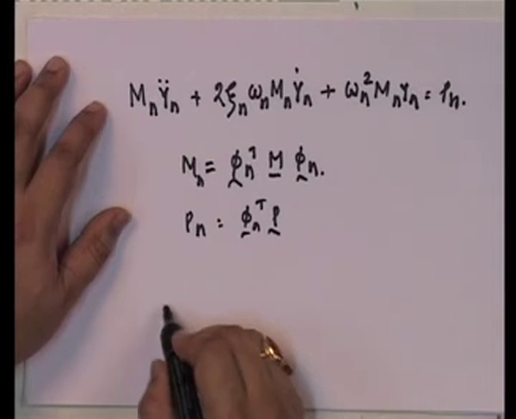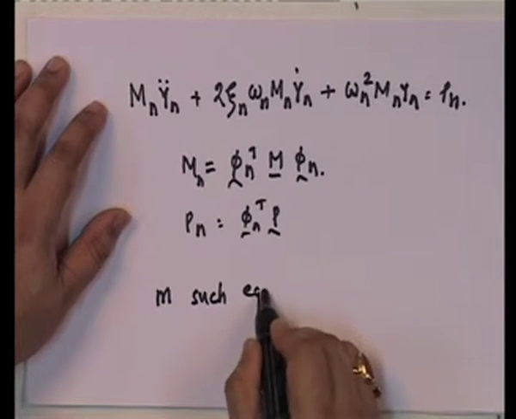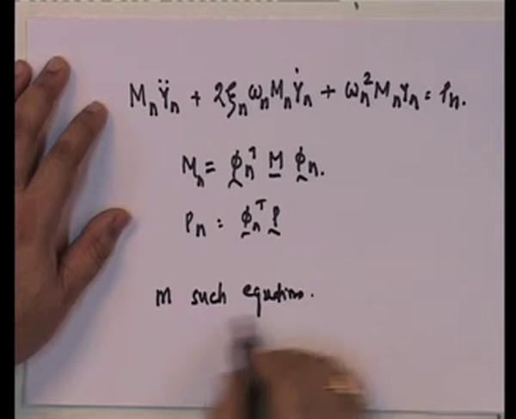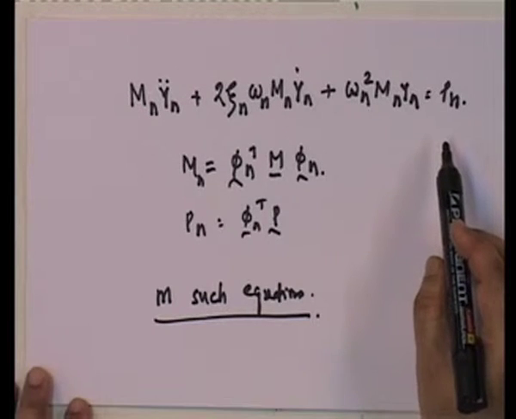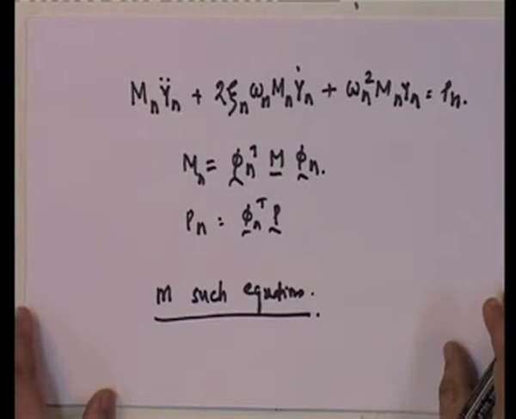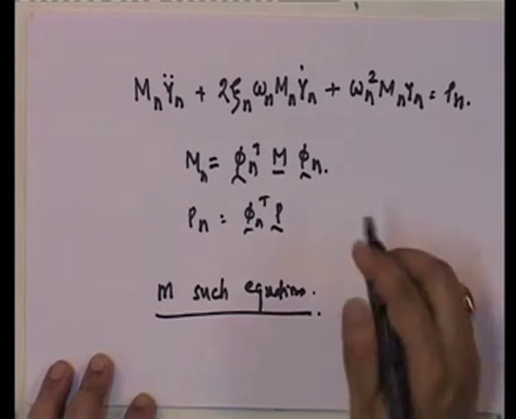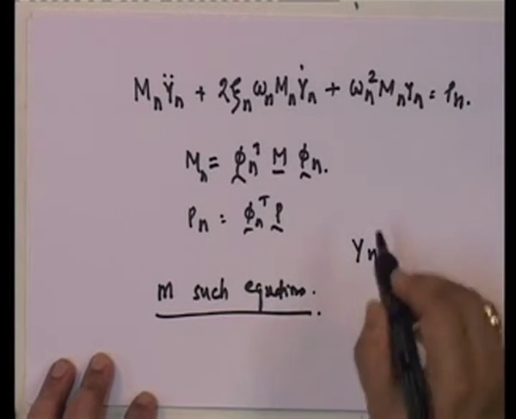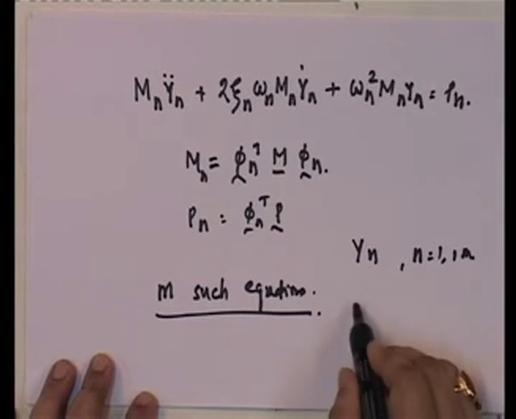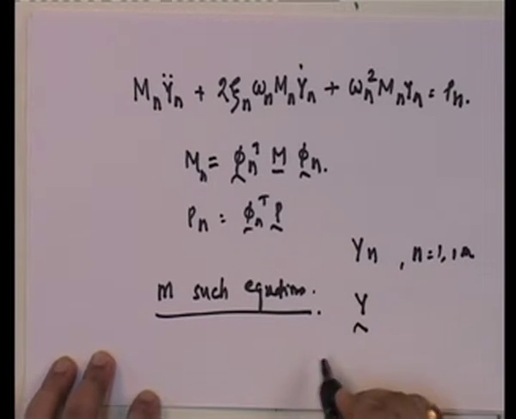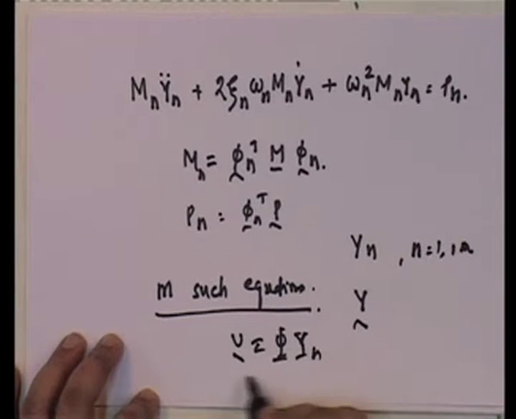Okay. So, we have m such equations, and you need to solve m such single degree of freedom problems. Then once you've got yn, going from 1 to m, that becomes the phi, and then v you get by phi y.